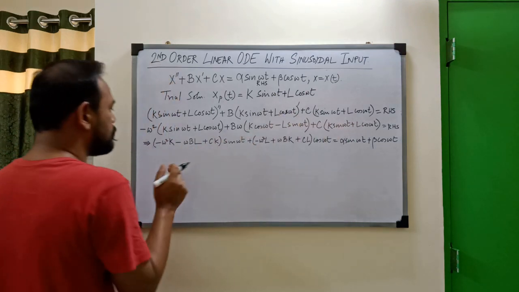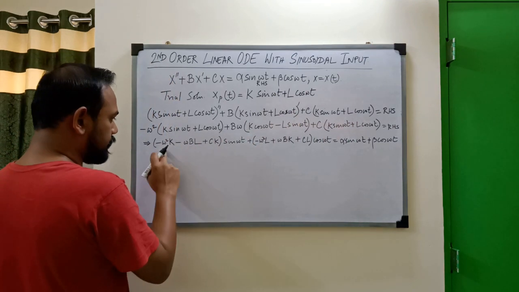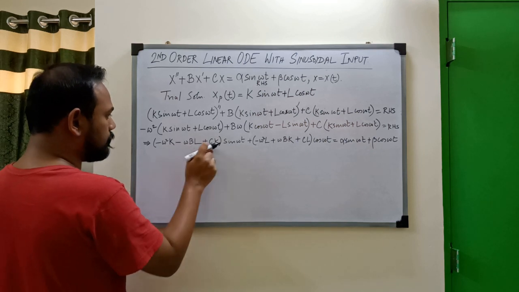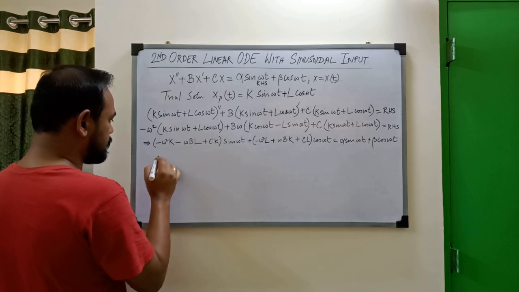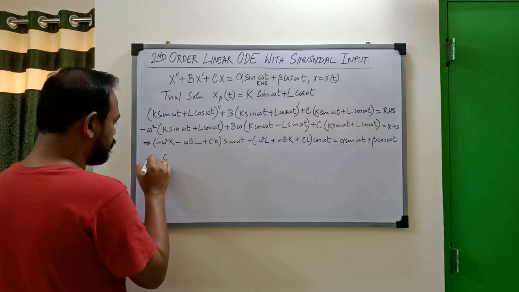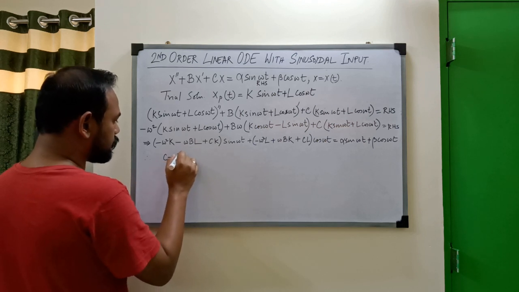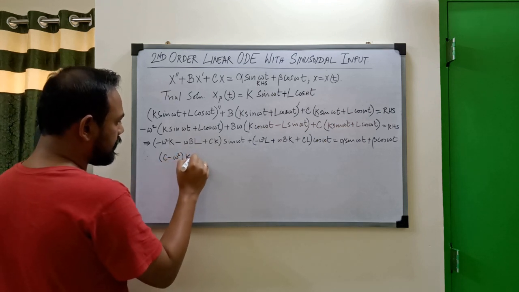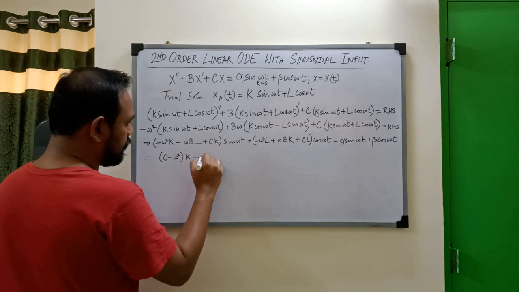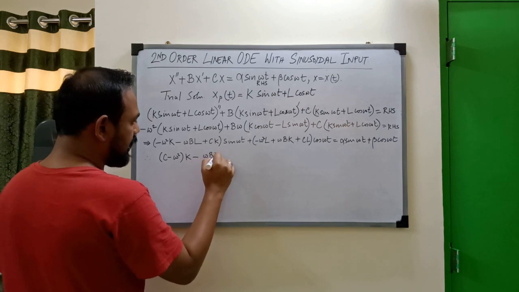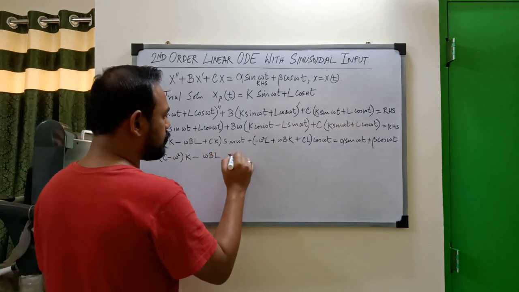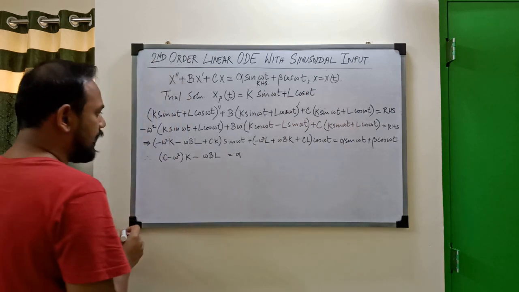We can group this a little bit, because k is common between the first and third term: c minus omega square k minus omega b L equals alpha.